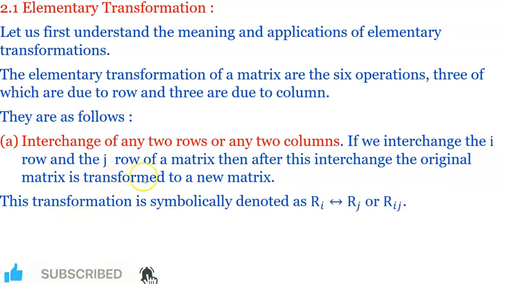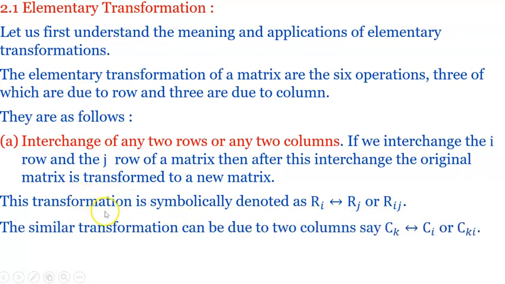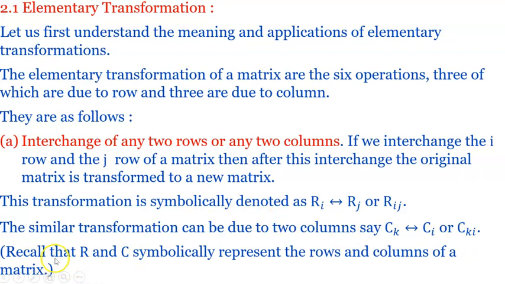This transformation is symbolically denoted as Ri changes to Rj or simply Rij. The similar transformation can be done on two columns, say Ck changes to Ci or Cki. Recall that R and C symbolically represent the rows and columns of a matrix.